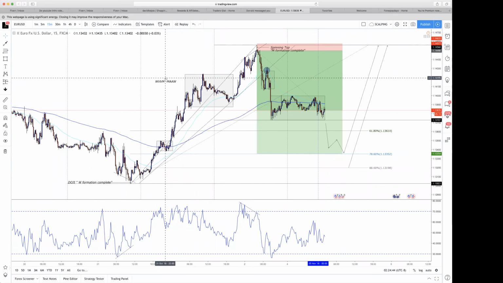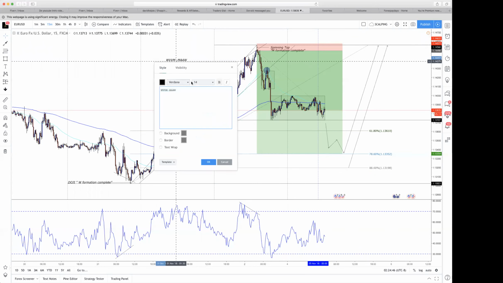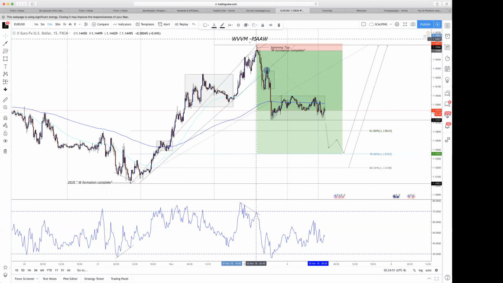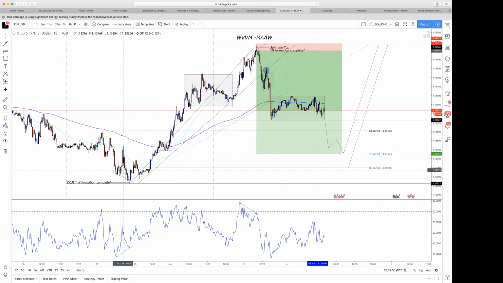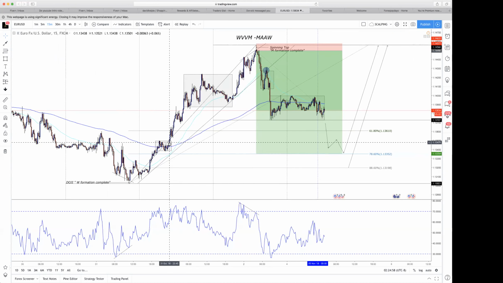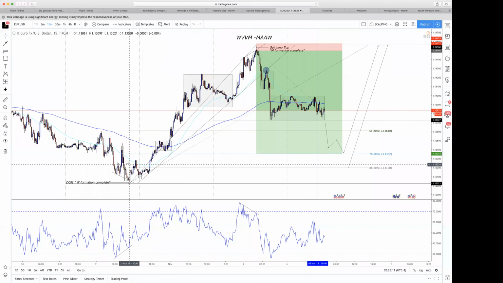Now, you have seen that the market had created, right about here, a nice W, level 1 also known as V, and level 2 also known as V, and then the M formation. So WVVM, what is this? W, V, and a V, and an M. Also known as level 1, level 2, and an M. W, level 1, level 2, M, and then followed by MAAW.